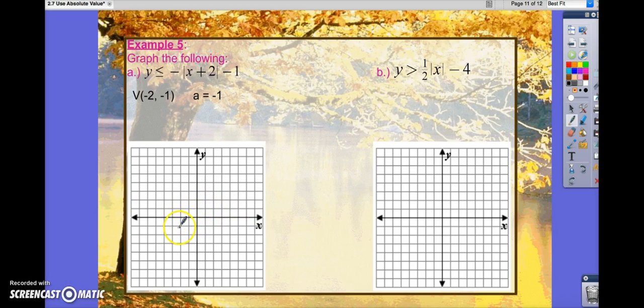So let's graph our point -2, -1, which is here. Slope's -1/1: down one, right one, down one, right one. Like I said, it's or equal to, so it's solid. Just like before, we'll connect the points as straight as I can.